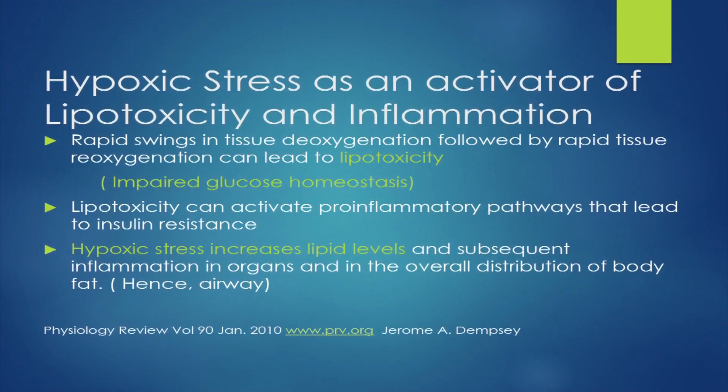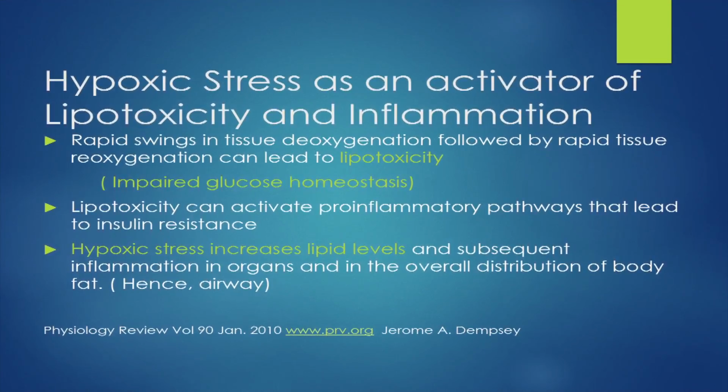These rapid swings lead to lipotoxicity through impaired glucose homeostasis. This lipotoxicity activates pro-inflammatory pathways, which ultimately lead to insulin resistance. So here we find the pathway to diabetes is ultimately due to inflammation.